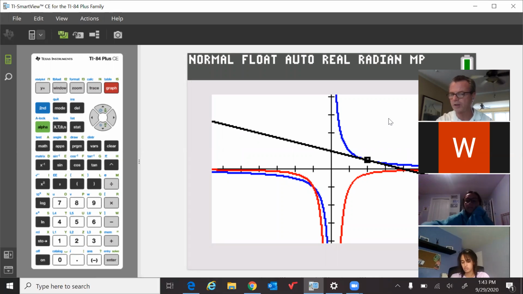So you've got a lot going on in this screen. The blue graph is the parent graph. The black point, the black box was given to you. They said an input of 2 on the parent graph. The issue is this blue graph has a different slope depending on what point you pick.